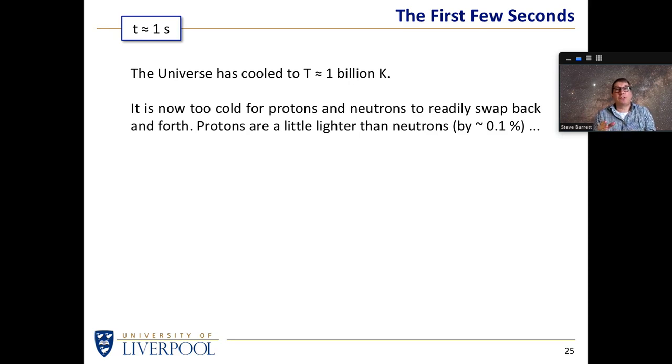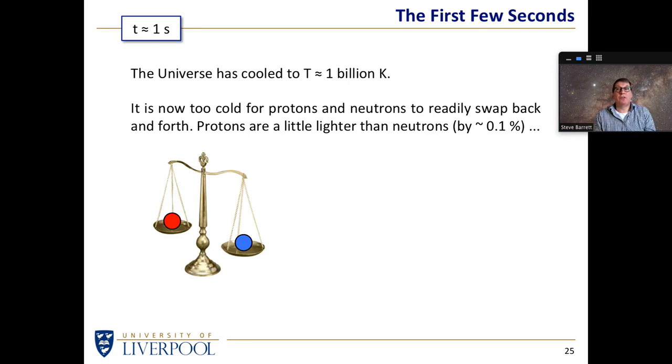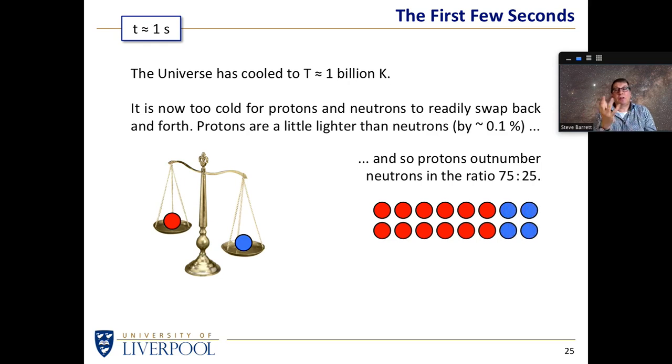So because protons are a little bit lighter than neutrons, although the universe is making lots of protons and lots of neutrons, because they're slightly different mass, the universe makes a slightly different number. And it turns out that if one particle is a little bit lighter than the other, the universe says, that's great, I'll make more of those.